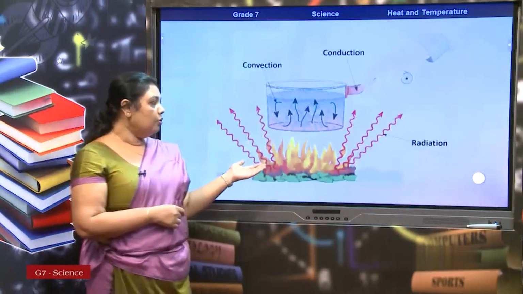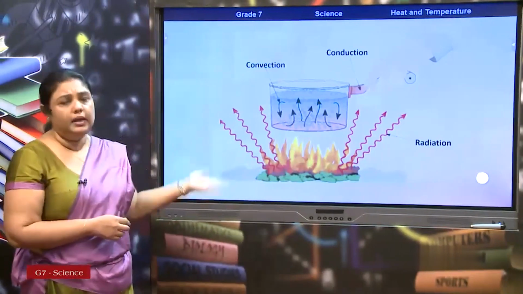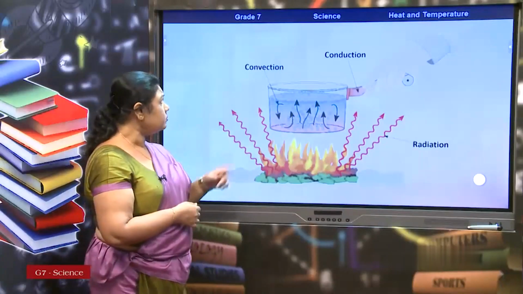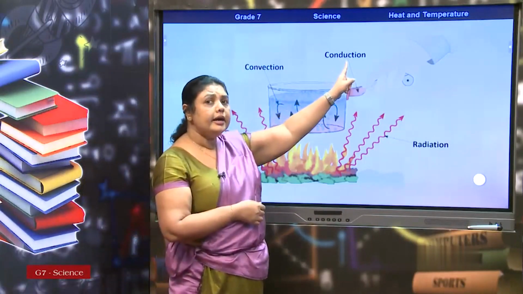Now, you see this every day in your kitchen when your mother or grandmother is cooking at home. It can be a fire hearth or your gas cooker. Fire is coming this way. You keep your saucepan on top of it, and sometimes you have to hold the pan as well to take it out. All three methods you can observe there. Firstly, you see conduction.